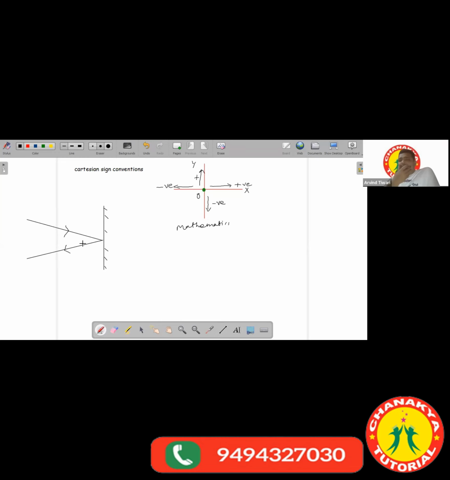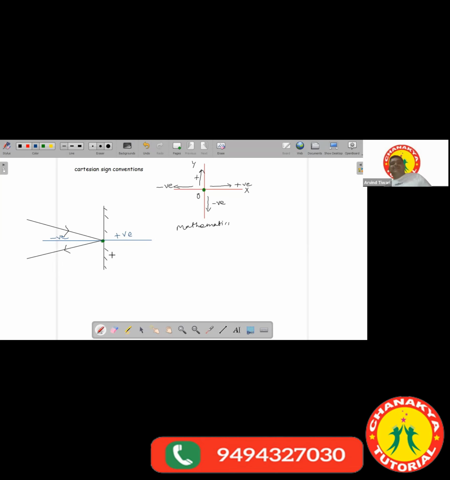Which direction should we take as positive? Incident light is falling towards the mirror, so from the mirror I will take this direction as positive and the opposite direction as negative. Measurement in the opposite direction of the incident light is taken as negative, whereas measurement in the direction of the incident light is taken as positive.